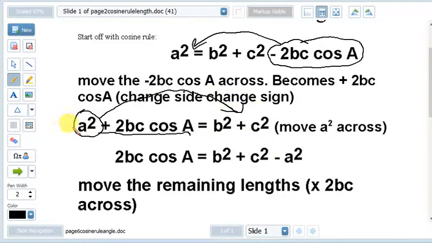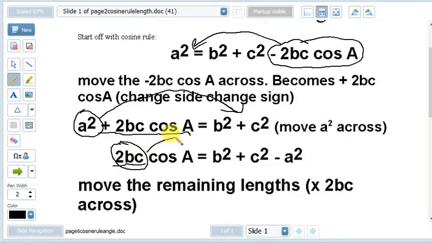And positive a squared, the positive in front, when we move it across becomes negative a squared. So what we've now got is 2bc cosine of A equals b squared plus c squared take away a squared. So now we have to move across the remaining lengths, and the remaining lengths are the lowercase, which in this case are the b and the c.